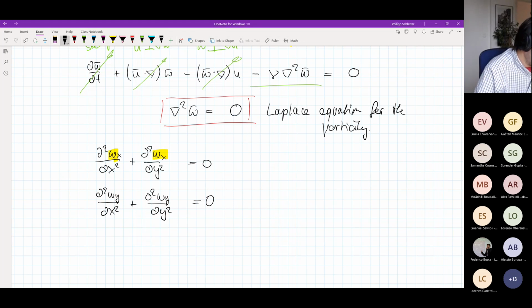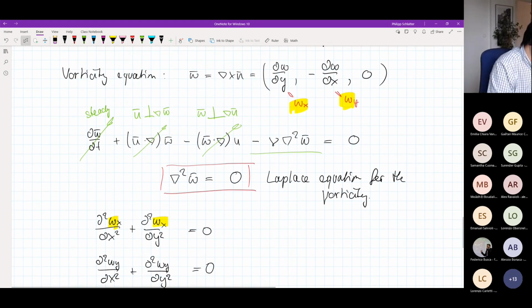So now the next step would be to take the definition of omega x and of omega y in terms of the velocity w. Now you need to be a little bit careful with not mixing w and omega, which is a bit difficult when I'm doing that with handwritten notes. The w here would be the velocity, and the omega here is the vorticity component.